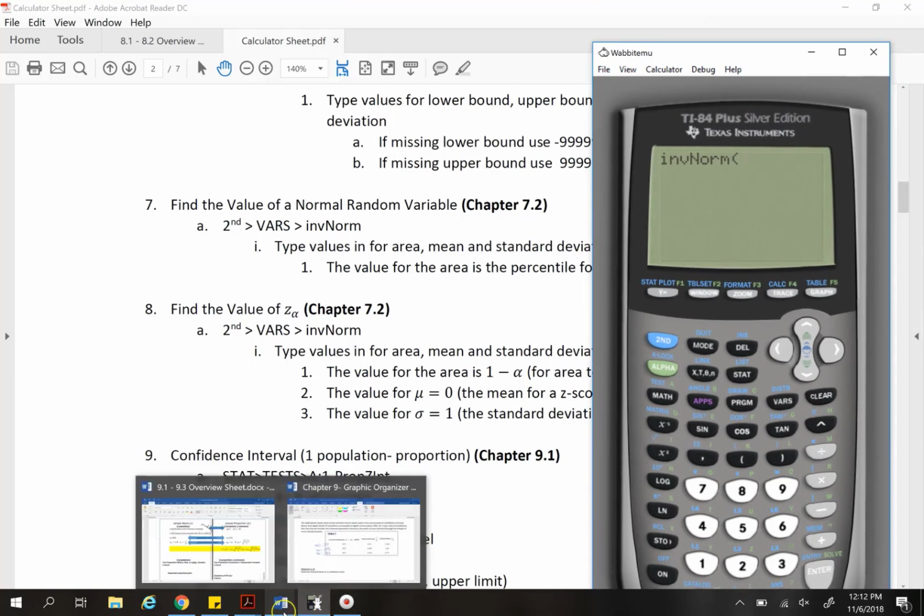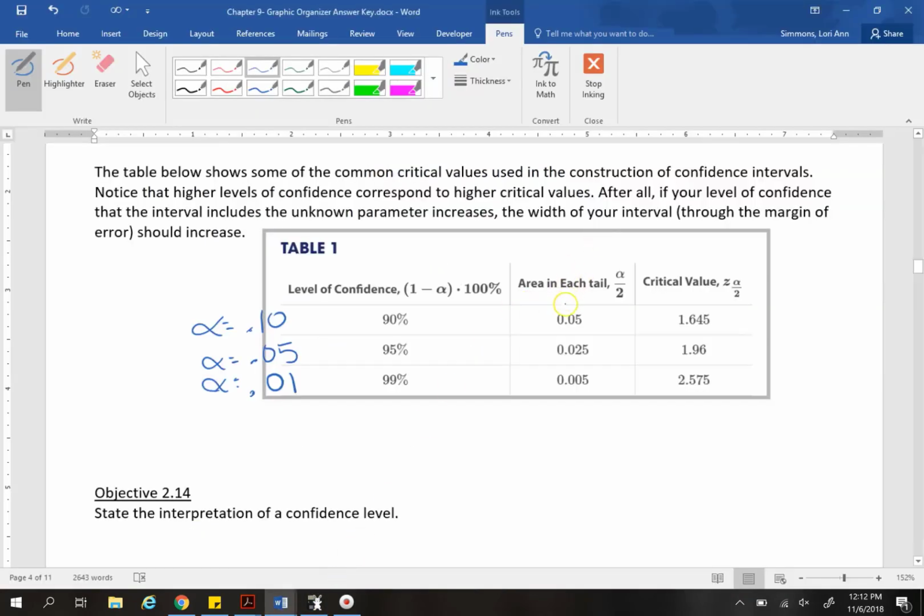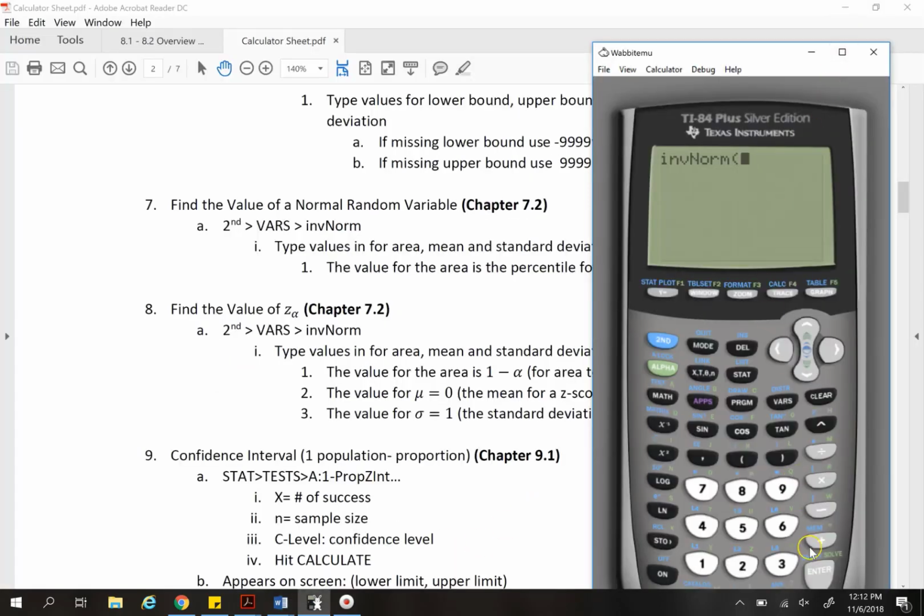Okay, so we have area in each tail. For this one, we have 0.05 over here, 0.05 over here, and then 90% in here, or 0.9. So what's all the way to the left? To the left would be 0.95.